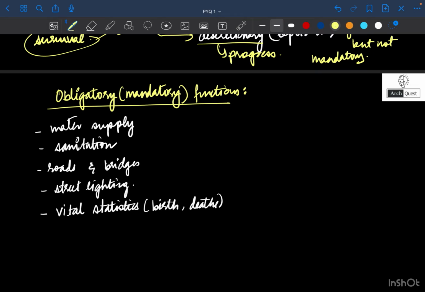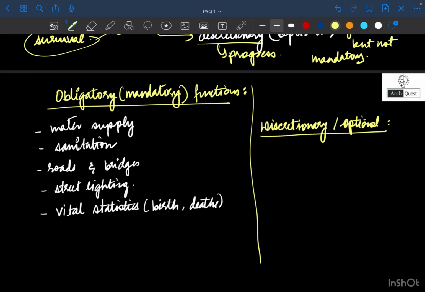For discretionary or optional, we have urban planning, urban forestry.